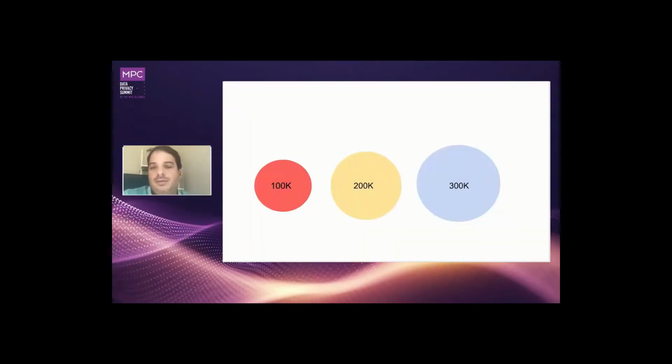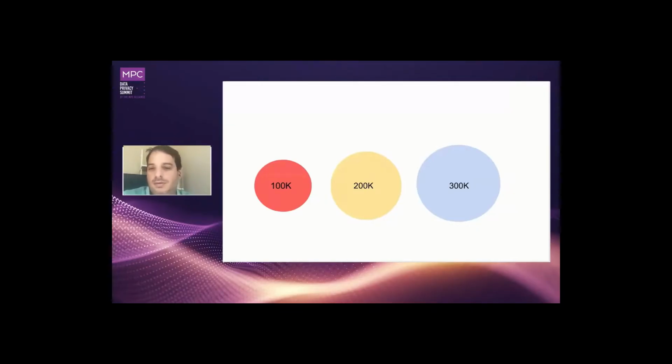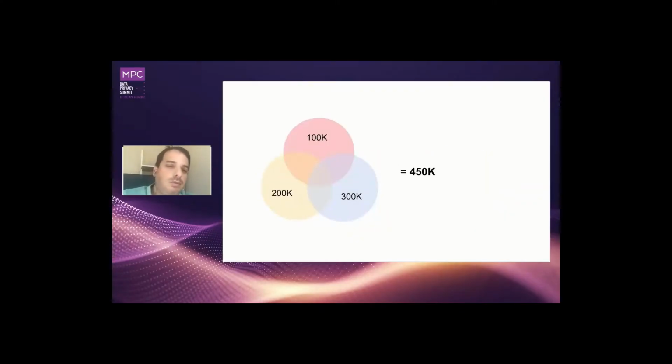Just to illustrate the problem that we're trying to solve here, imagine you're an advertiser running a campaign across 3 channels, red, yellow, and blue. In each of these channels, you're reaching 100K, 200K, 300K people. The question you're trying to answer is, how many unique people did I reach across these channels?